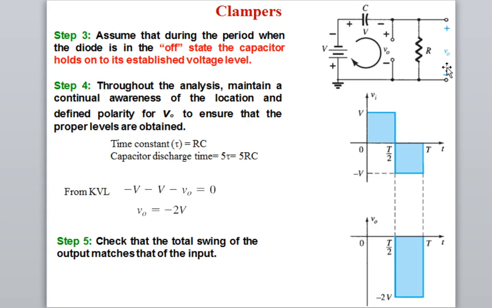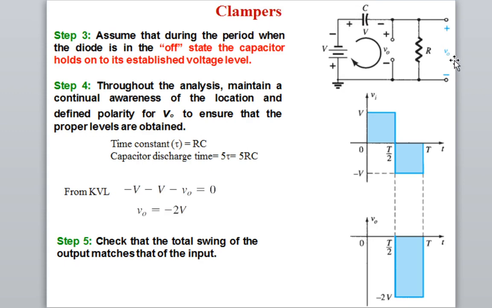This output voltage is basically maintained by the capacitor, which is discharging through the resistance. And if you see the polarity of the output voltage, because this is plus minus and this is plus minus, this is a series combination of two voltages, so the output voltage will be minus something.